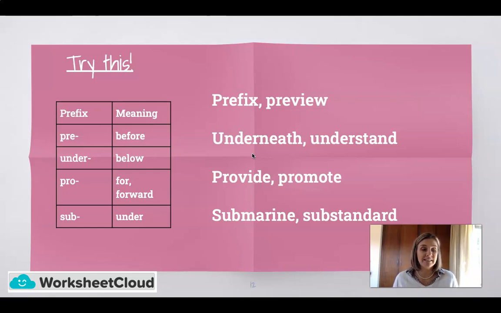And often there's lots of different products that people promote so that you would want to buy them because they say it works, or it's the best shoe to have to play soccer and so forth. That's a promotion, or the way in which they put forward something that you should be interested in. And then obviously submarine, below the sea, and substandard. So if this is the standard, if somebody's substandard, they're below what they should be in terms of the standard.